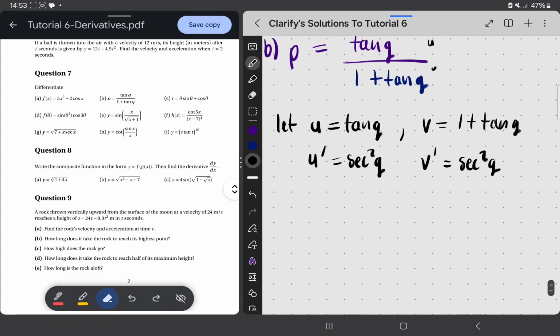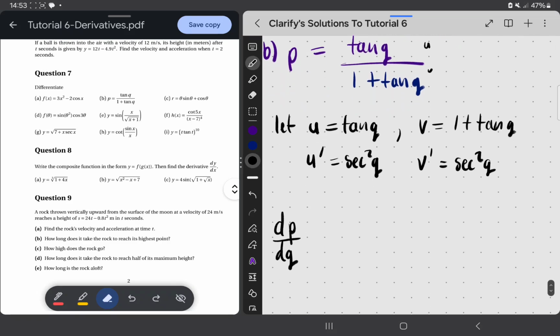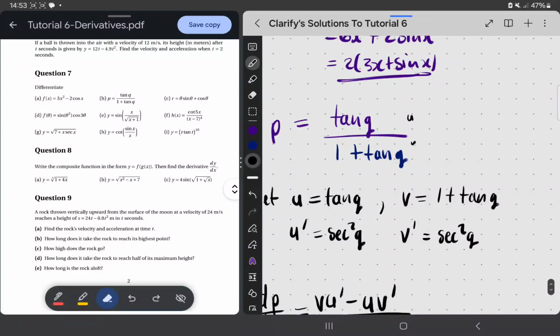So now we can now say the derivative of p, dp dq. It's with respect to q, because here we see p is in terms of q. Derivative of p with respect to q is going to be low, which is v, d high, u prime, minus high, u, d low, v prime, over square the bottom, v squared. Remember that this v is your low.